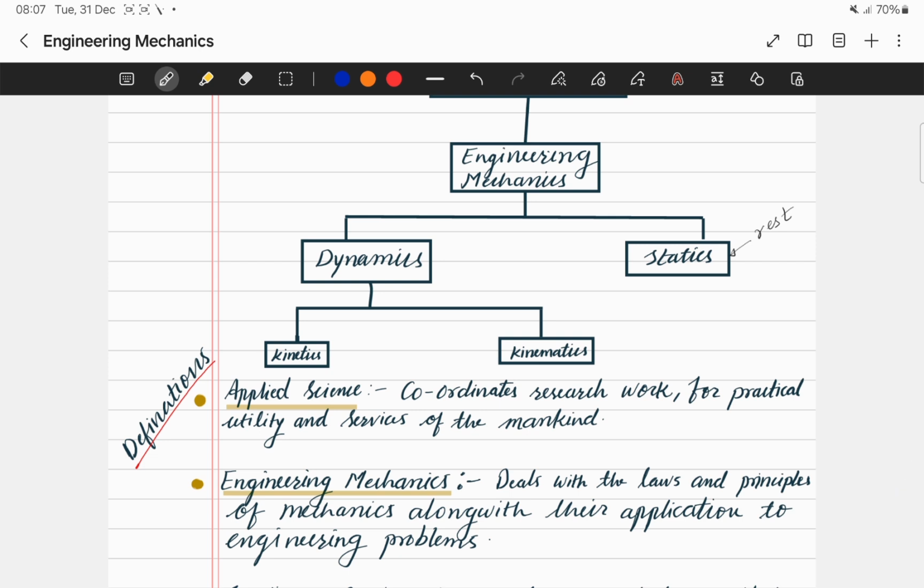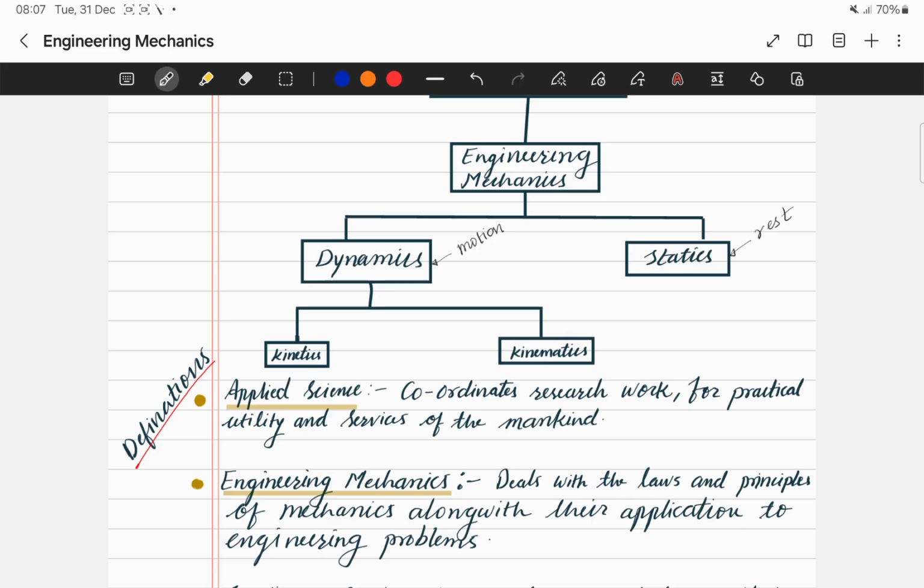When we consider such a situation, then we can say it is statics. But when we consider dynamics, the body is in motion.